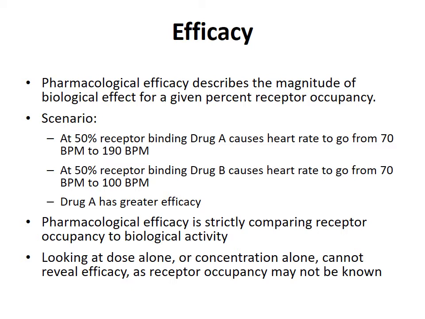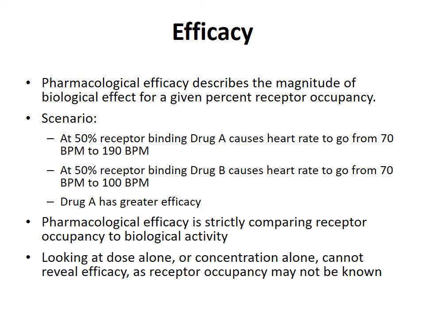That means, for example, we have a scenario here. At 50% receptor binding, drug A causes heart rate to go from 70 beats per minute to 190 beats per minute. At 50% receptor binding, drug B causes the heart rate to go from 70 beats per minute to 100 beats per minute.